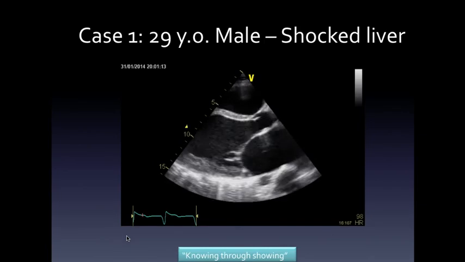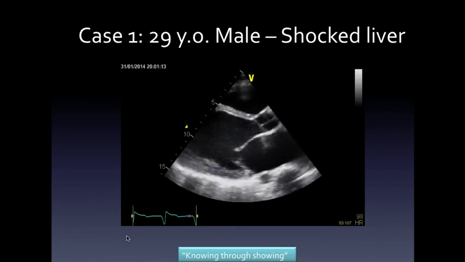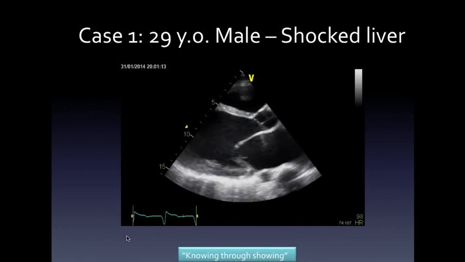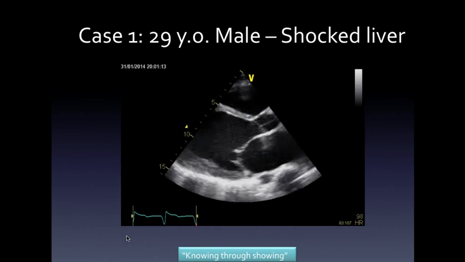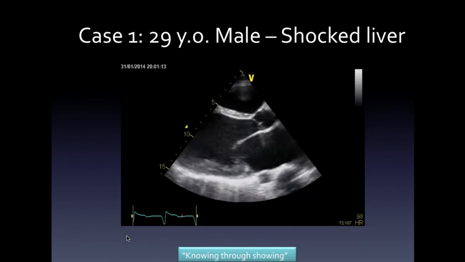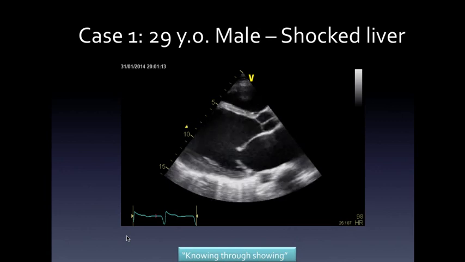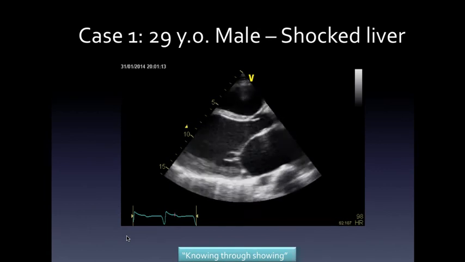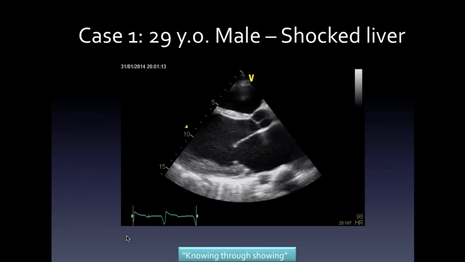This is a nice picture, unless you're the patient. And this is an echocardiogram of a young boy, 20, who presented with what is called norovirus. So he had a history of cardiomyopathy in his youth, and he was on low maintenance medication, and actually was doing very well.